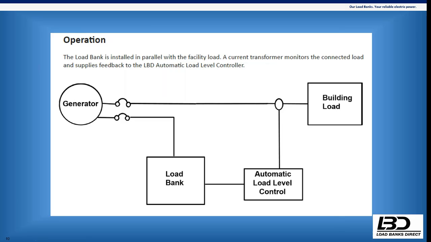We say, hey, this thing's drawing plenty of amps to keep that generator loaded where it's not wet stacking, or, hey, this thing's not even loading the generator at all. We need to turn on all our steps and get this thing loaded so it's not sitting there idling all day. So that's just a general visual of how that circuit is arranged.